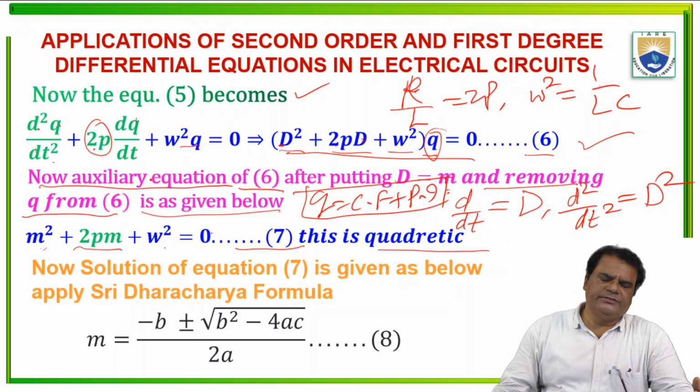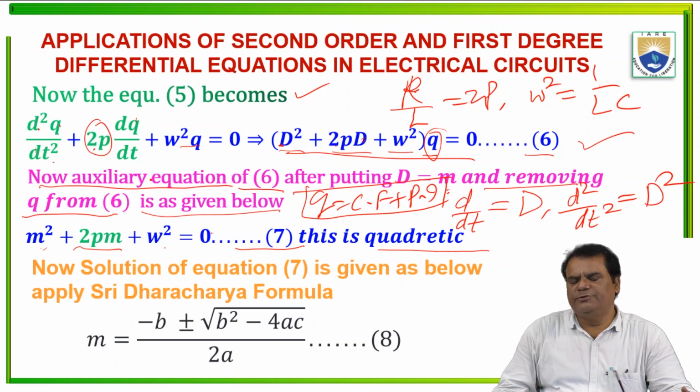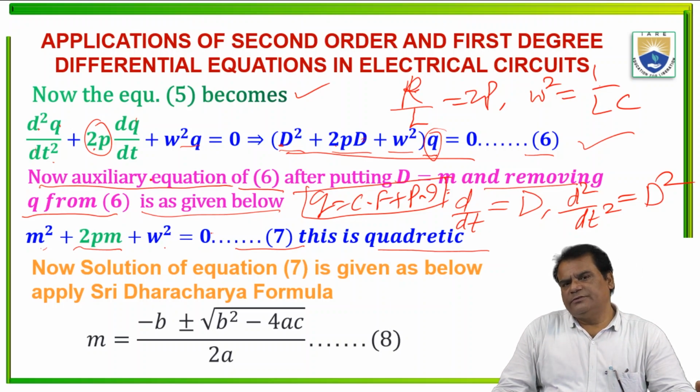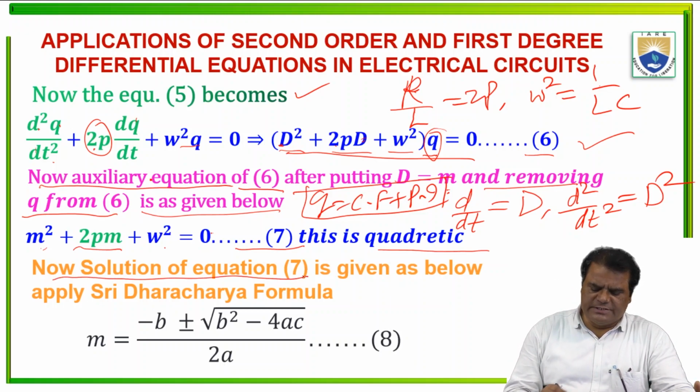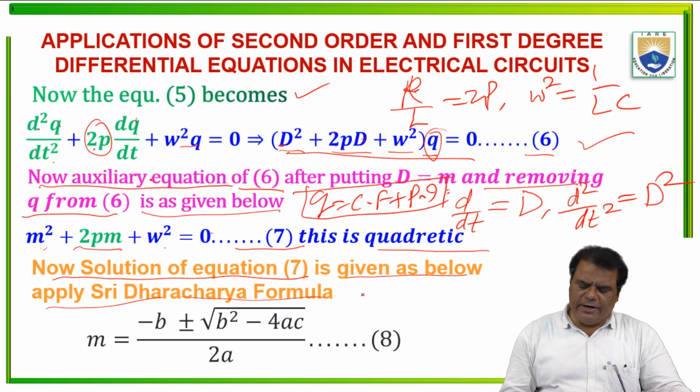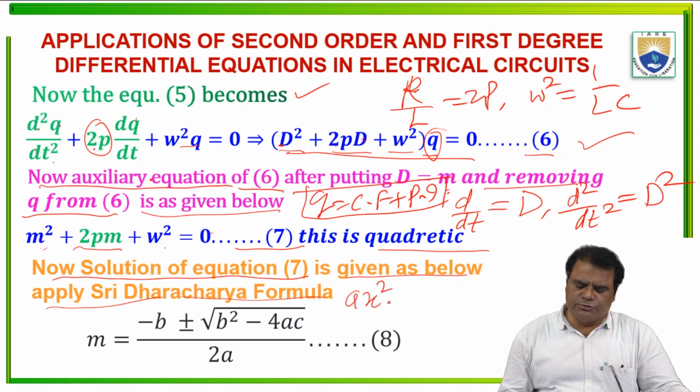There are three cases. Roots may be equal, roots may be different, or roots may be imaginary. Different roots are real roots, equal roots are real roots, but roots may also be imaginary. So now the solution of equation 7 is given as below. Apply the Sridharacharya formula to solve any quadratic equation ax square plus bx plus c equal to 0.